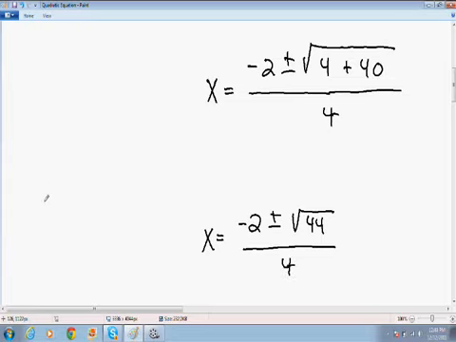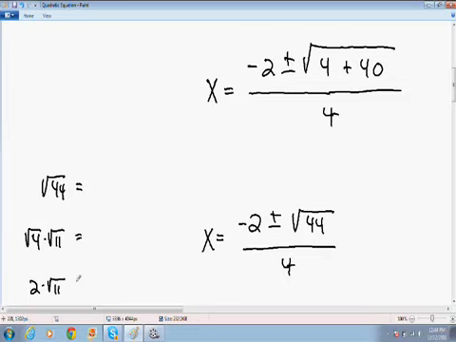Now the square root can be simplified even more, because the square root of 44 can also be written as the square root of 4 times the square root of 11, because 4 times 11 is equal to 44. The square root of 4 is a perfect square root, so we can rewrite that as 2. The square root of 11 cannot be simplified anymore, so that stays the same.